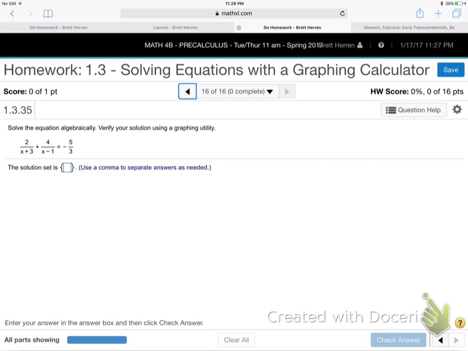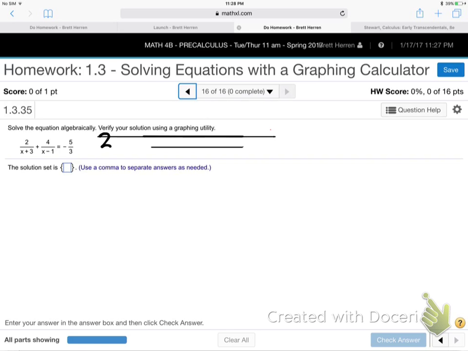Okay, so this next one's going to be the hardest. We have fractions. If you can read all that. Here, let me write it a little larger so we can all see it.